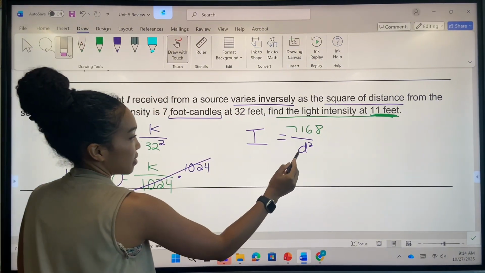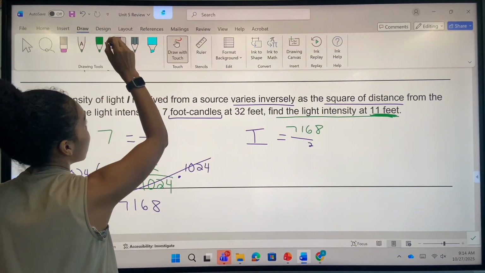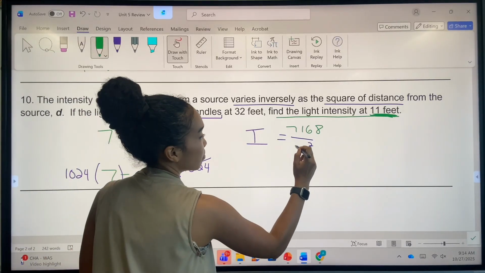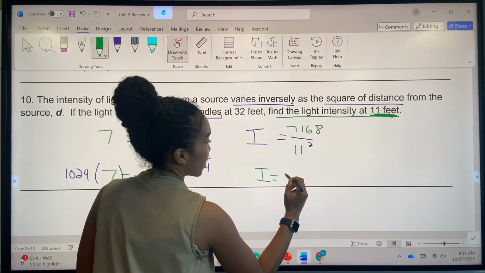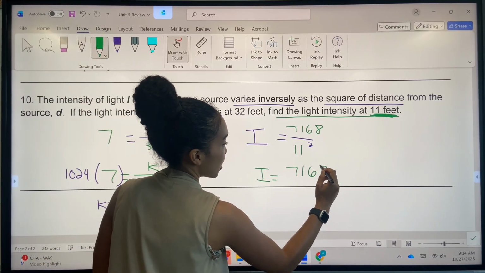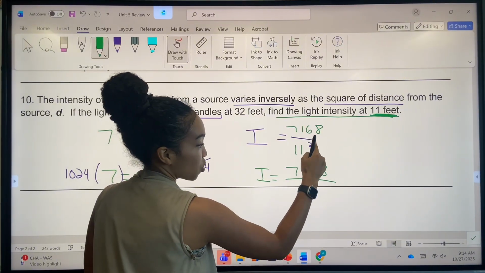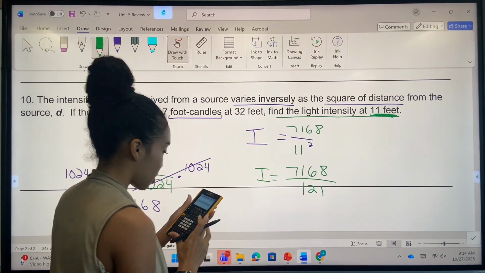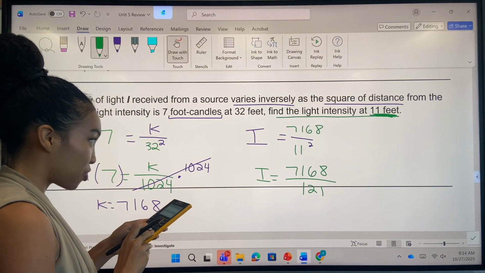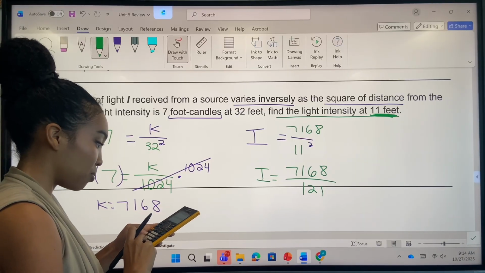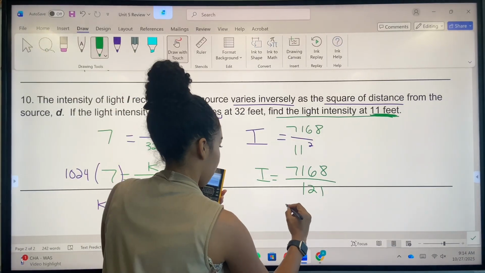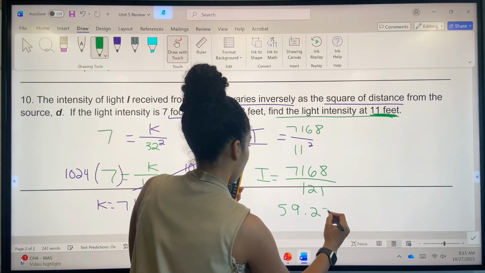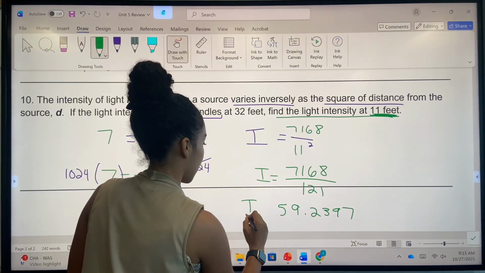So I'm going to erase D for distance, and I'm going to plug in 11. So this simplifies to 7,168 divided by 11 squared, which is 121. So 7,168 divided by 121 is 59.2397. So this is the intensity.